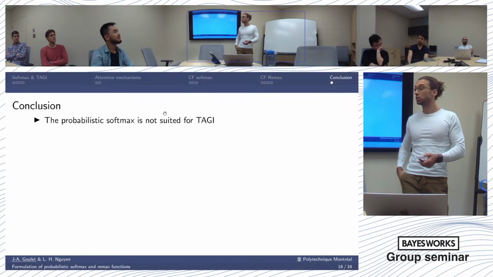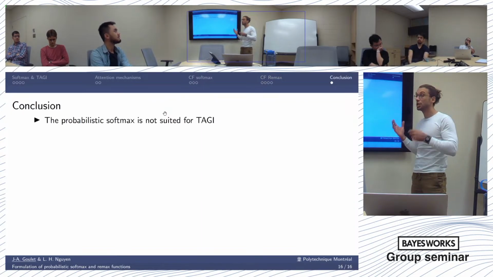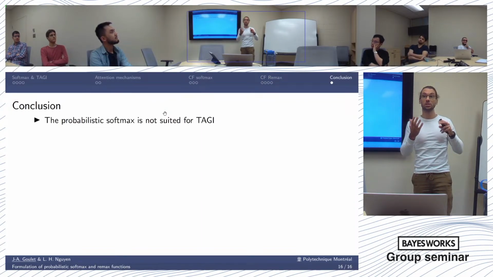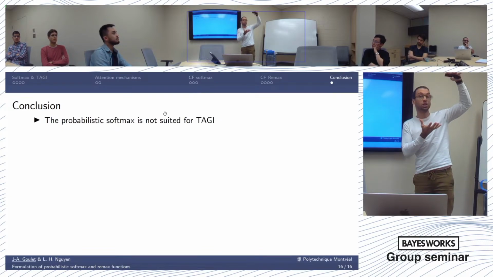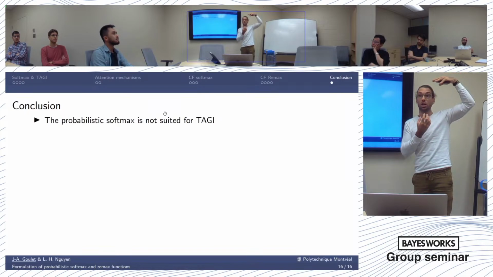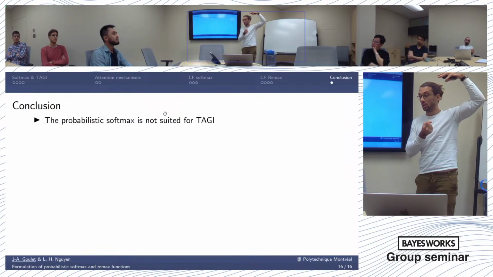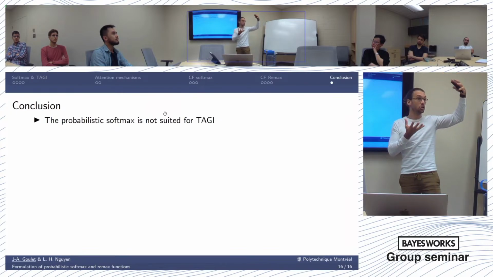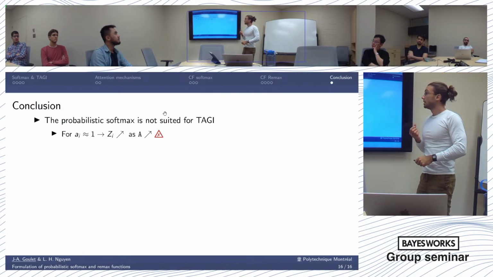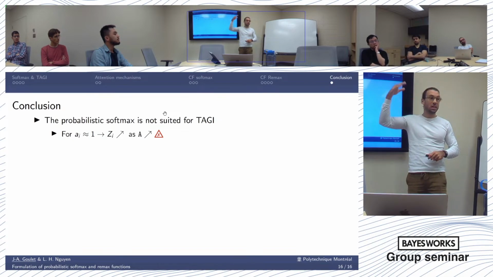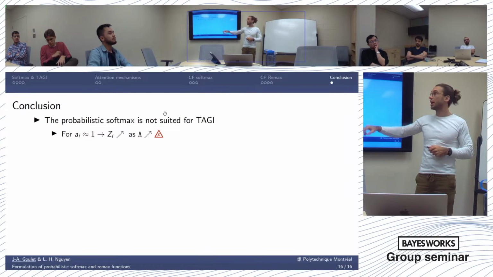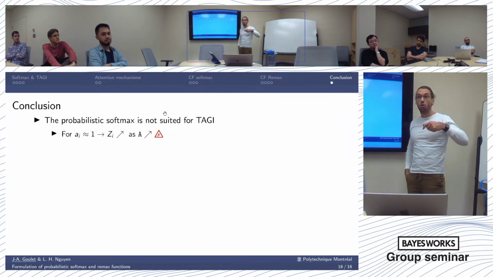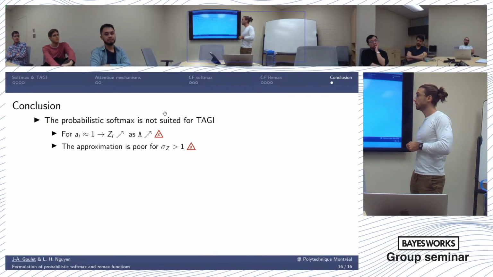So in conclusion, the probabilistic softmax is not suited for TGI. Okay, because as the number of classes grows, I'm going to have a moving target. I'm always going to be chasing higher values of Z, which is not going to work well with the standardized nature of TGI. As the number of classes increases, you're going to have larger and larger values for Z_i for the one to represent high probability.